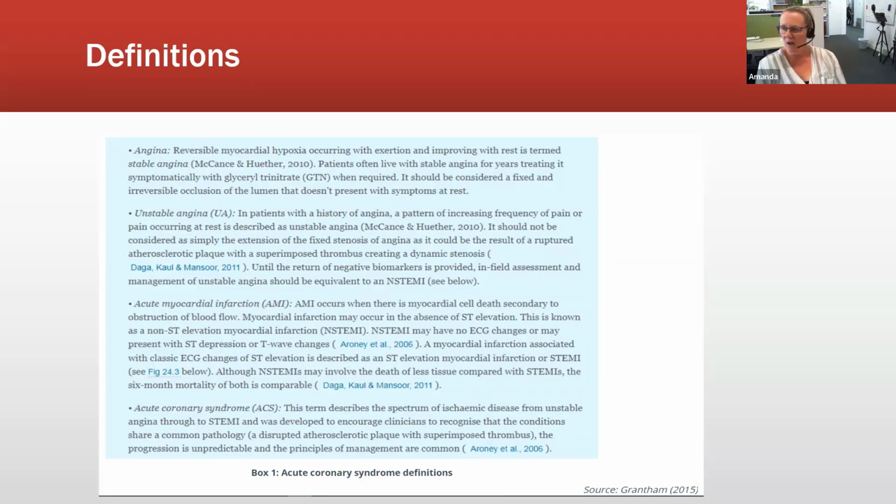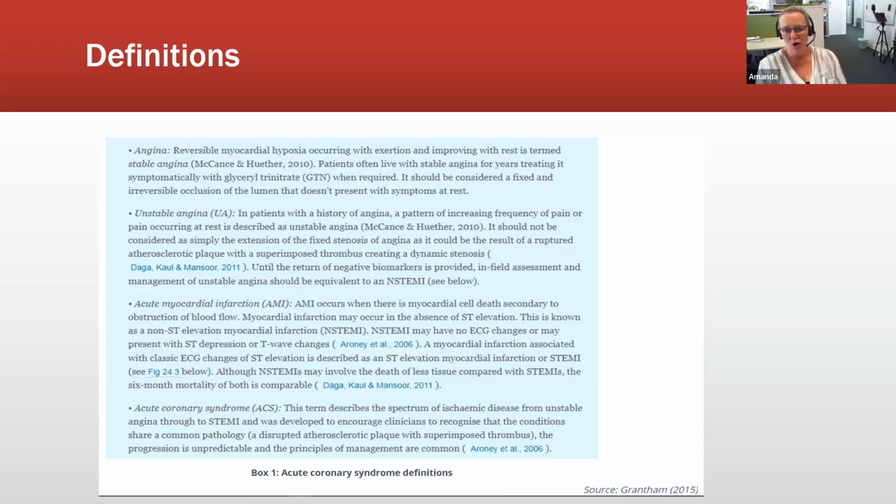That is the beginning of our ACS diagnosis. Then we have acute myocardial infarction, and we're going to go into further what that looks like. That can be a STEMI or a non-STEMI. STEMI is obviously a lot easier for us to diagnose.